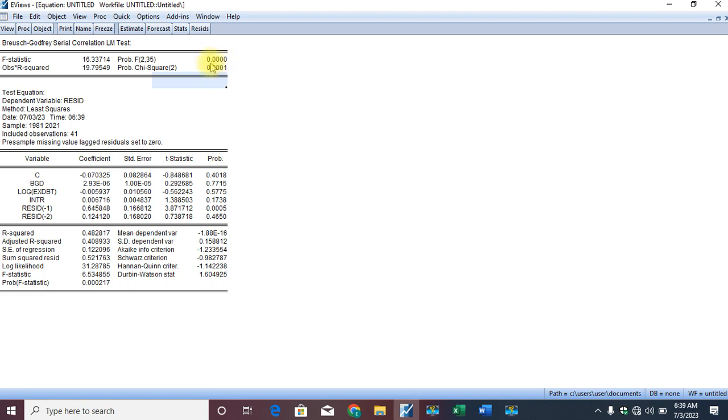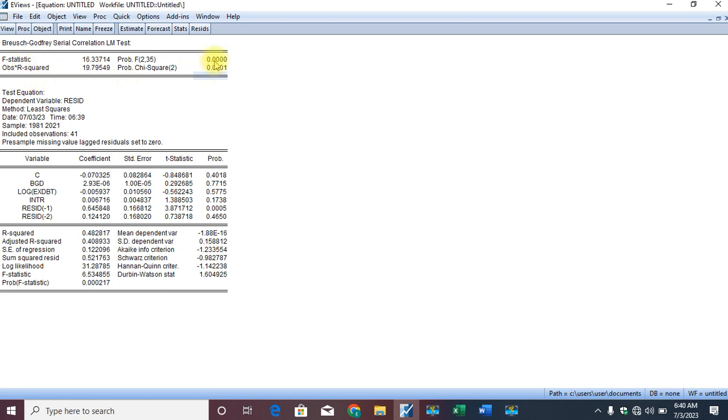Then we also have the p-value. These p-values are used to interpret the results. You will read it by looking at the level of significance of this particular statistic.